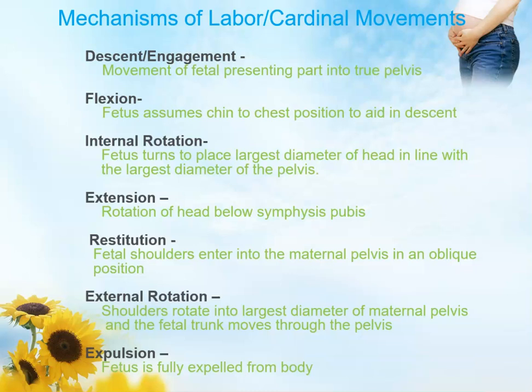External rotation: the shoulders rotate into the largest diameter of the maternal pelvis and the fetal trunk moves through the pelvis. And then expulsion: the fetus is fully expelled from the body. So yes, these mechanisms of labor, cardinal movements, are very important for you to know.